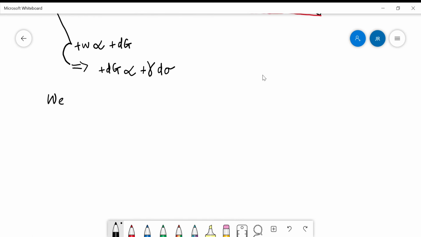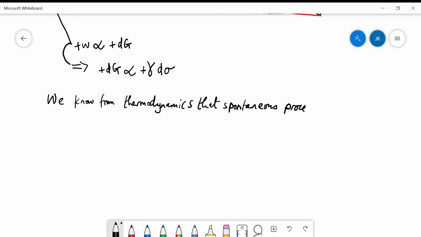We know from thermodynamics that spontaneous processes have a negative change in Gibbs free energy. So what do I mean by a spontaneous process?